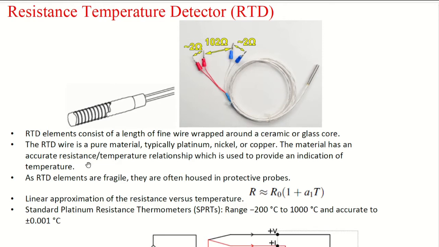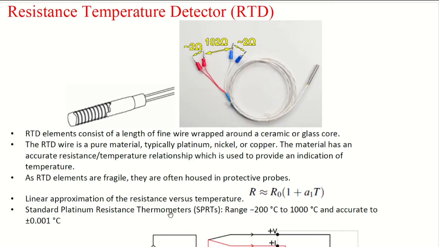This element is put in the environment whose temperature we want to sense, and the variation of the resistance of this wire is linearly proportional to the temperature. This is why we choose this kind of pure metal.